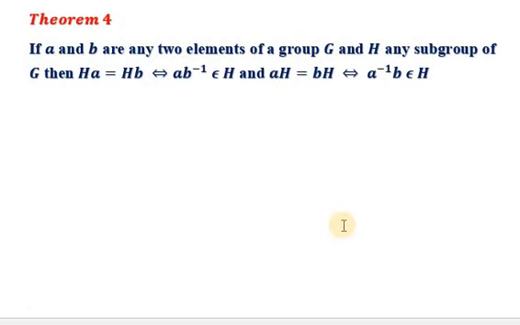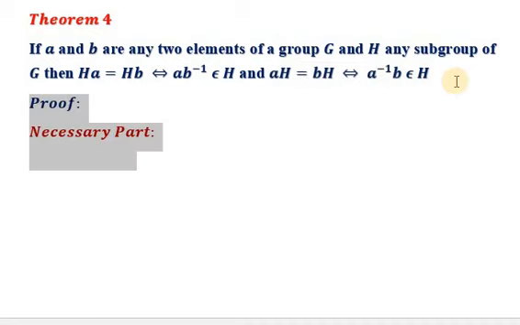Now let us pass on to theorem 4. If a and b are any two elements of a group G and H is any subgroup of G, then Ha is equal to Hb implies ab inverse belongs to H, and aH is equal to bH implies a inverse b belongs to H. Proof.